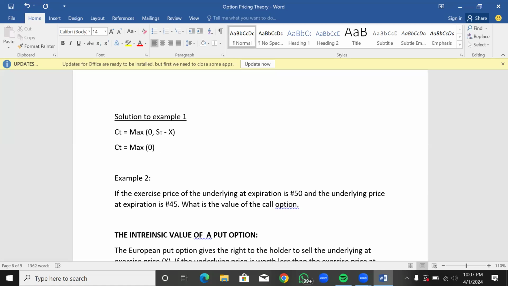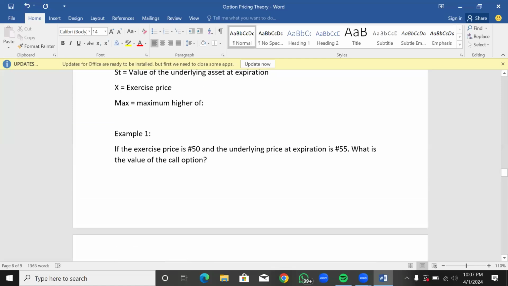So what's our strike price in this question now? 55, I guess. And then exercise price 50.